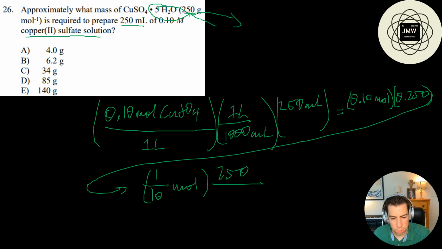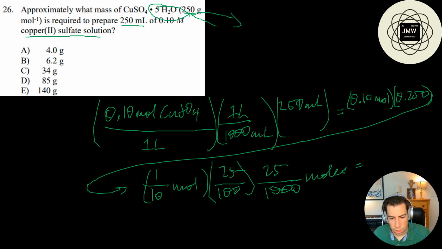Or better yet, I'll just do 25 over 100. So 25 over 100. Whenever I run all this through, I'm going to get 25 divided by 1,000 moles. And this is just going to simplify down to 0.025 moles of what I'm interested in.